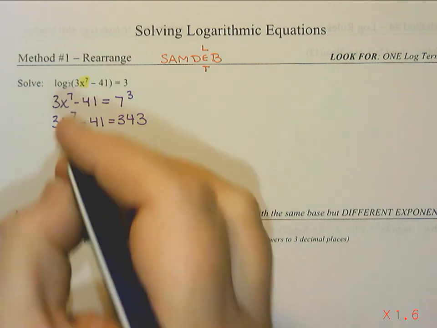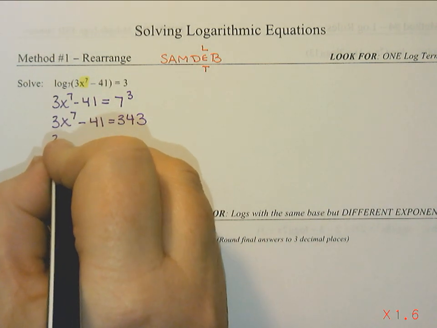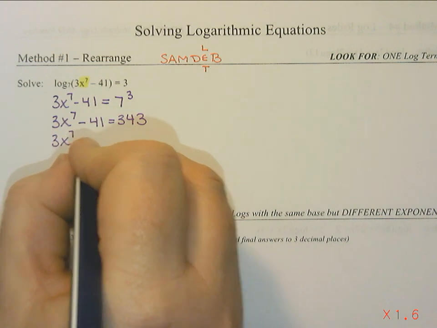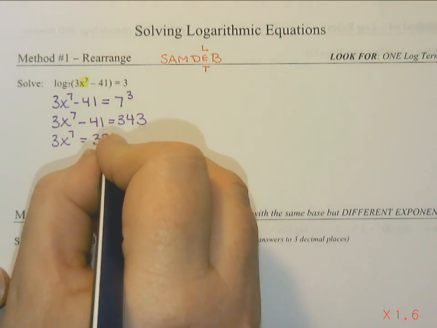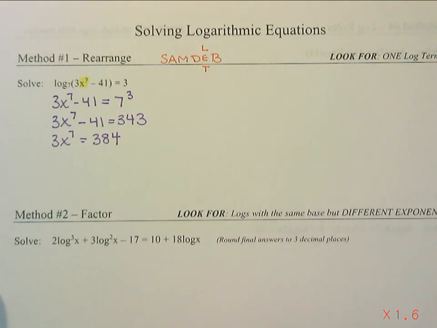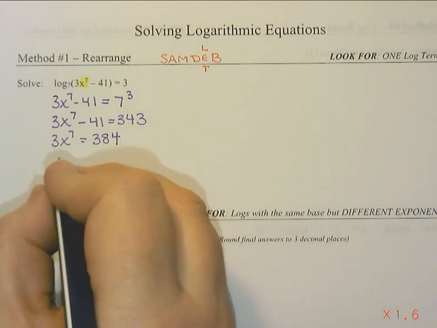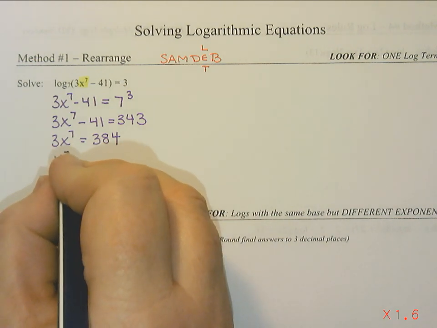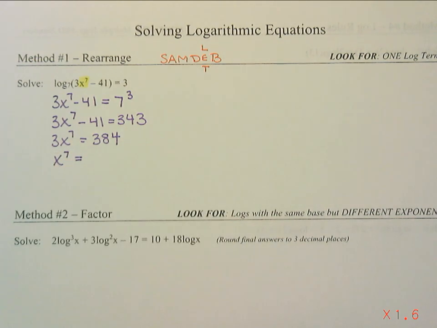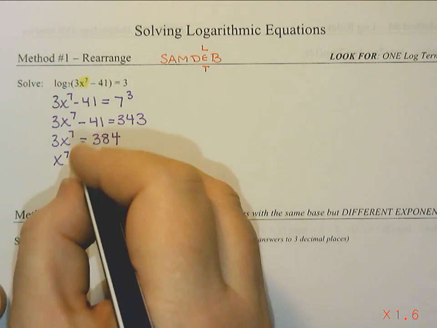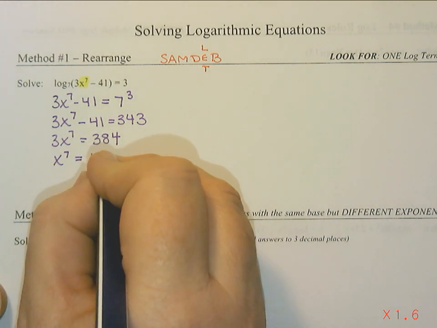That gives me 384. So 3x^7 equals 384. We're going to divide both sides by 3. So that's going to give me x^7 equals 384 divided by 3, which is 128.